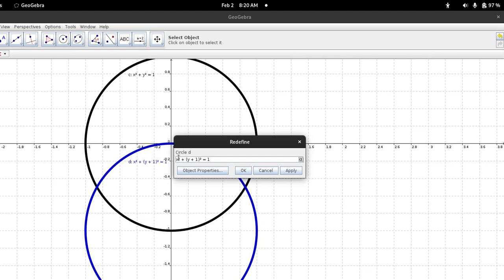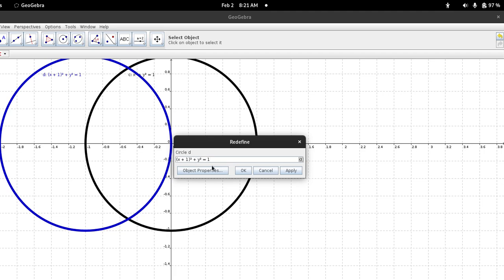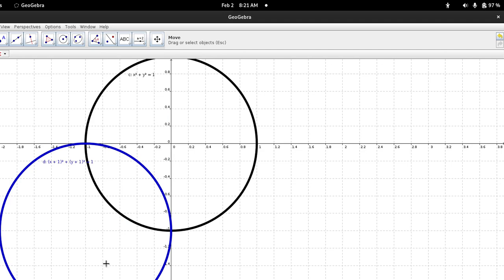And if I make x be the one that is translated, x plus 1, while there is no translation in y, it moves to the left. And if I make both x and y be translated one place each, x plus 1, it goes one to the left, one down.